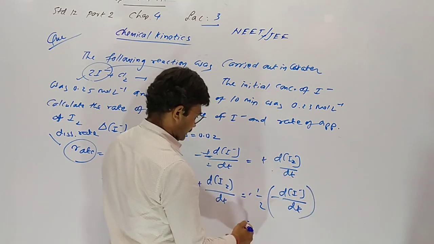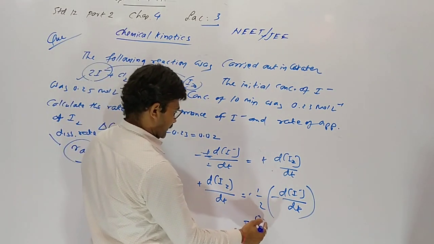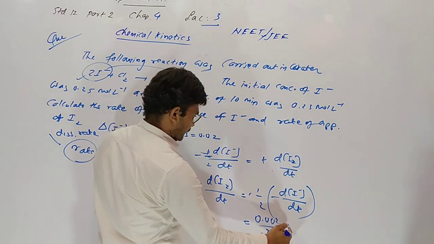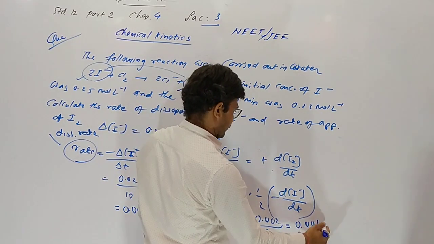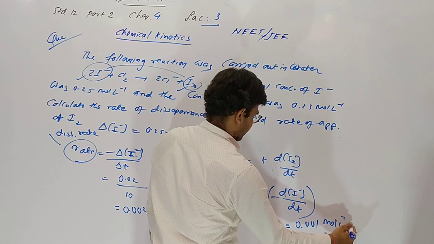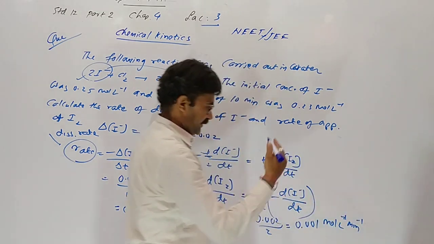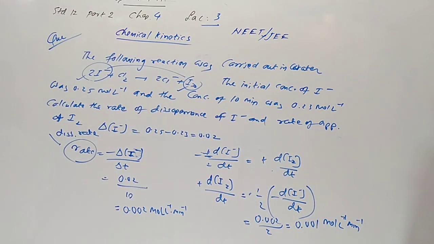So 0.002 divided by 2 gives 0.001 mole per liter per minute. This is our answer. Understood?